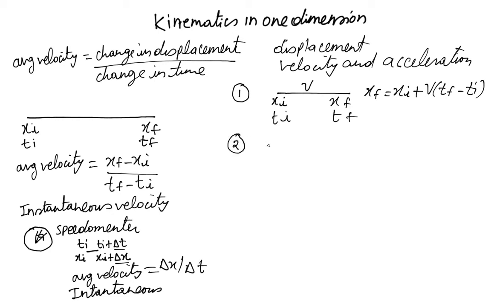Second, let's say you start in your car at position xi at time ti, and you also have an initial velocity vi, and you travel with an acceleration a, which means you're going on a highway and you want to accelerate or increase your car's speed.